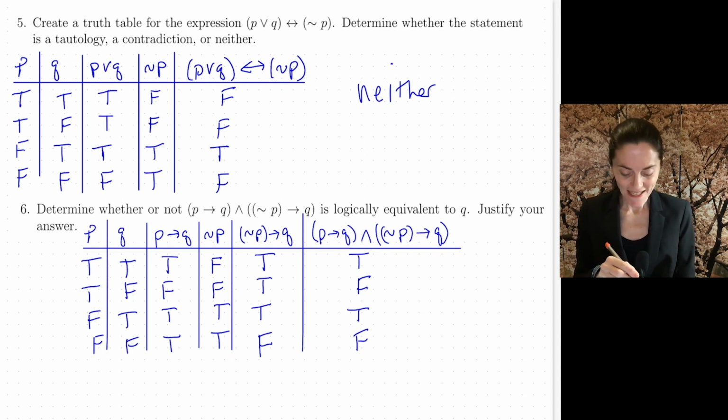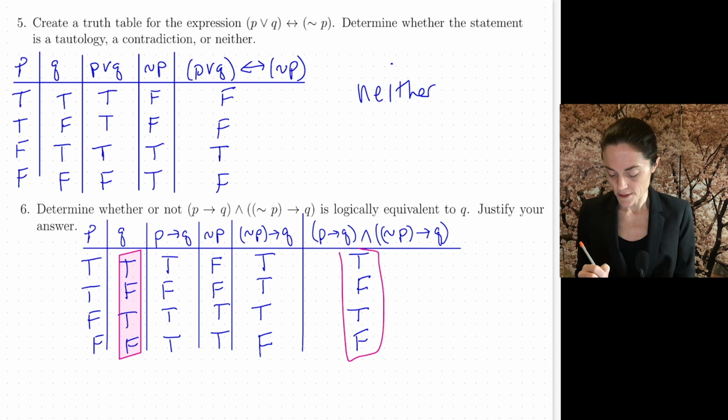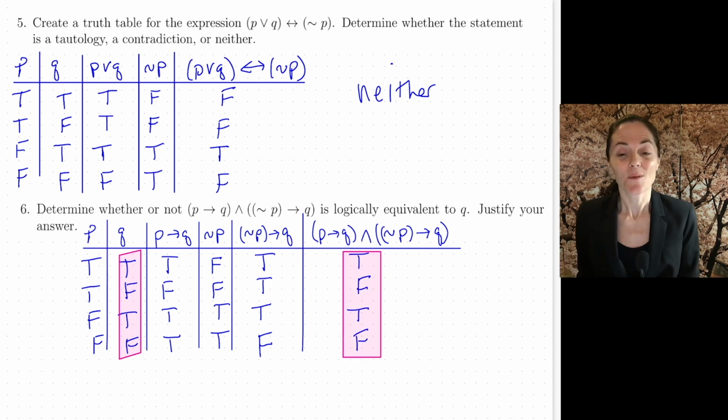Now, what are we trying to compare here? Well, we want to determine whether Q, which is this column, is logically equivalent to this statement. What do we see? In both we see TF, TF. The answer is yes.